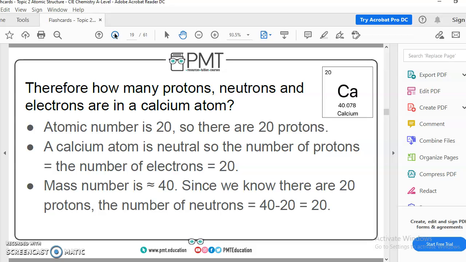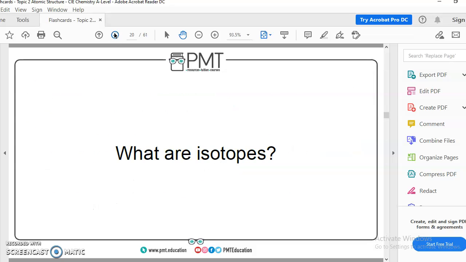Calcium is neutral, and whenever any atom is neutral, the total number of protons is exactly equal to the total number of electrons. Mass number 40 means that to calculate the number of neutrons, subtract 20 from 40, so the answer will be 20.